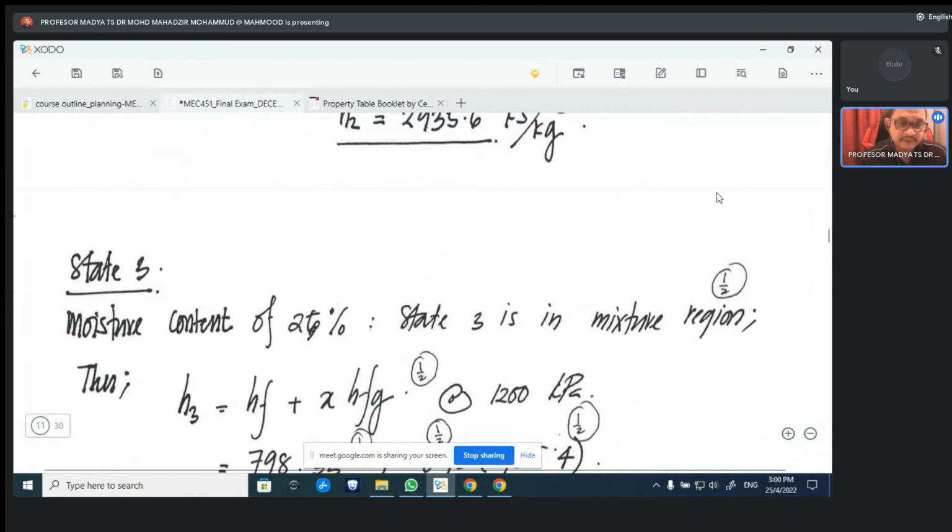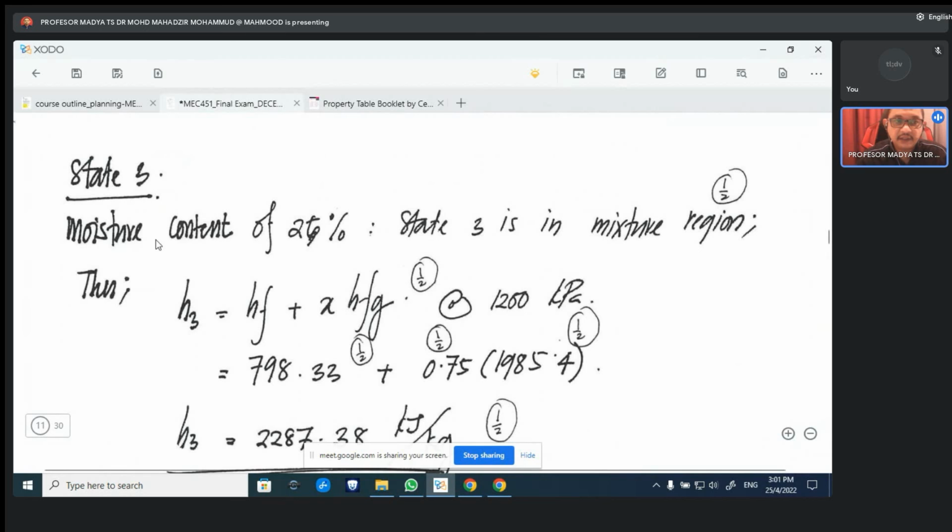For state number 3, it is mentioned that at state 3 it has a moisture content of 25%. So state 3 is a mixture region, because the question mentions the moisture content of 25%. When we know this is a mixture region, just use the formula H3 is equal to HF plus x HFG.